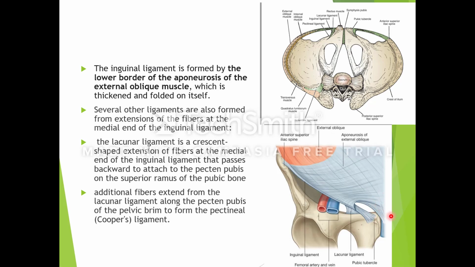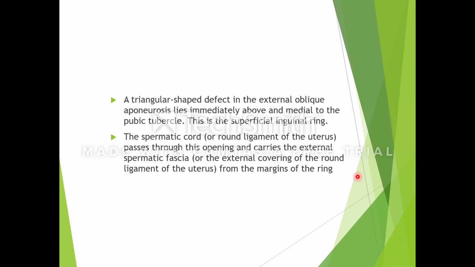That superficial inguinal ring is immediately above and medial to the pubic tubercle, and this superficial inguinal ring is formed by the aponeurosis of the external oblique muscle.